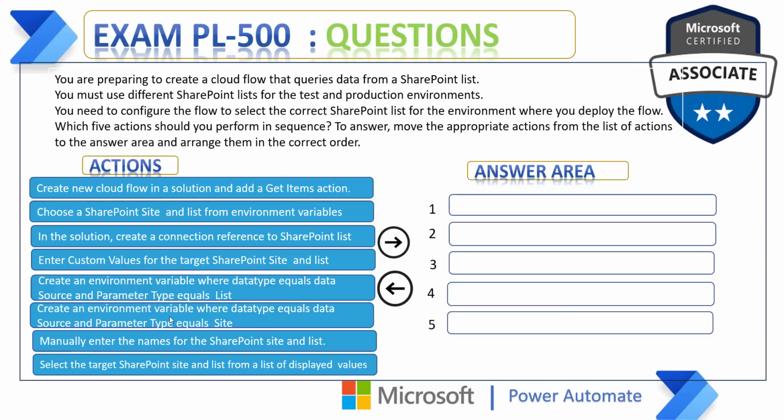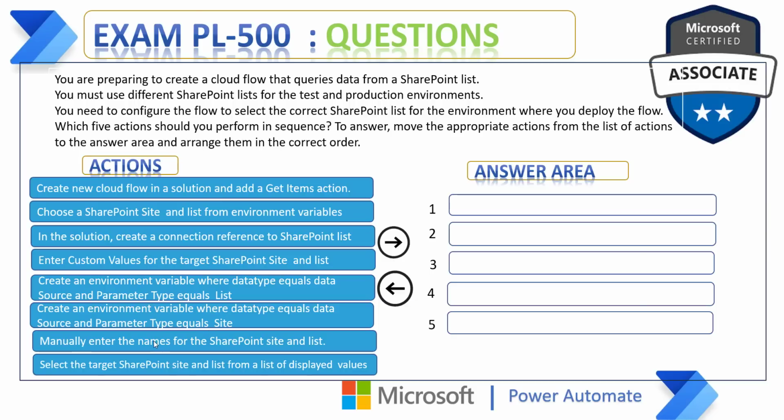Now coming to action 6, create an environment variable where data type equals data source and parameter type equals site. Before creating the environment variable for the list, we created the site one also. So action 6 is the correct one.